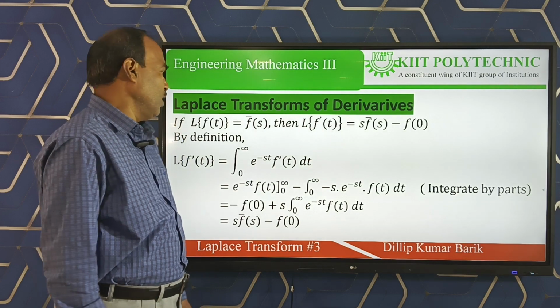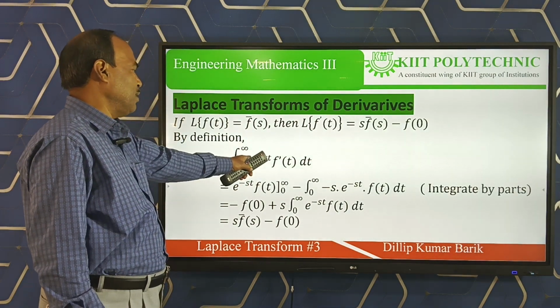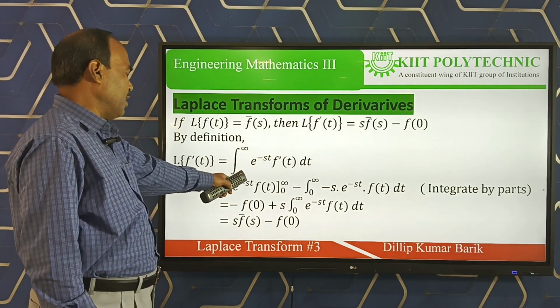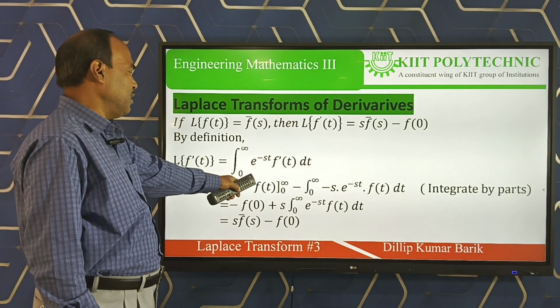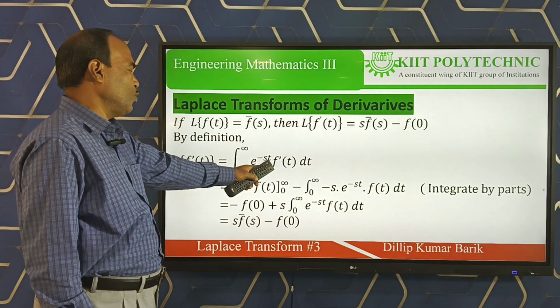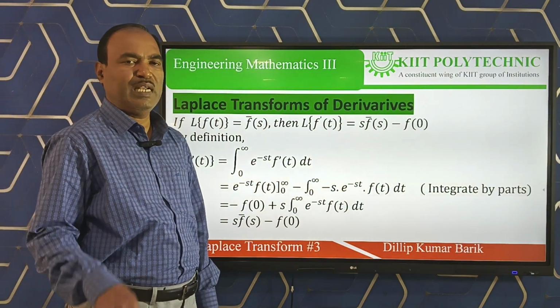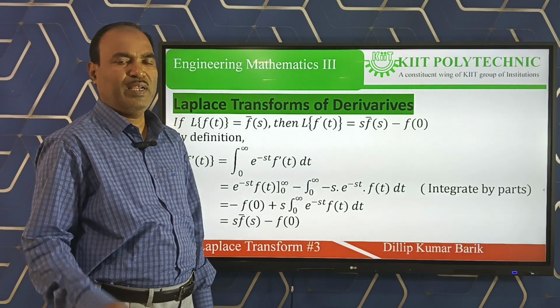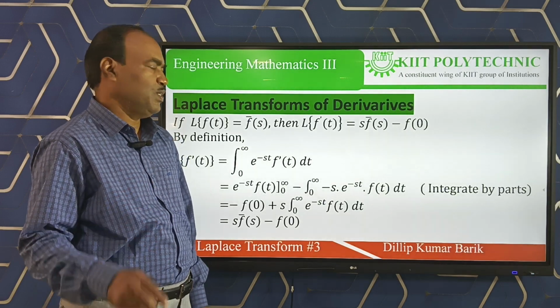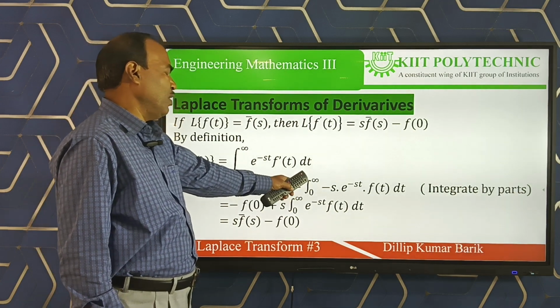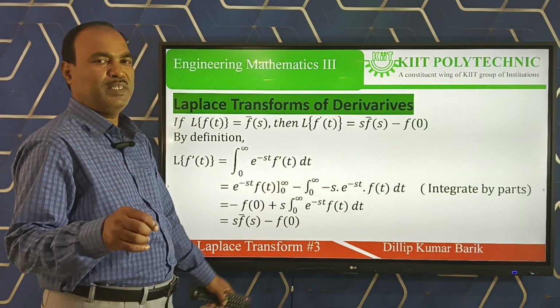This is the by parts rule. So taking e to the power minus st as first function and f dash t as second function and applying the formula: e to the power minus st into f(t) over 0 to infinity, because for f dash t, the second function, whose integration is itself the function f(t). Why? Derivative and integration are opposite, reverse of each other. Minus whole integration over limit, integration means with limit 0 to infinity.